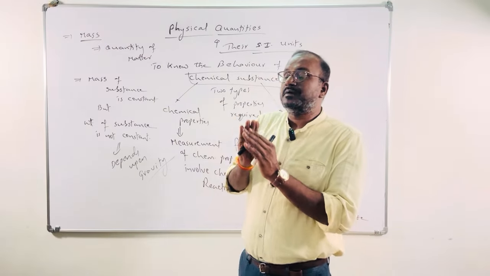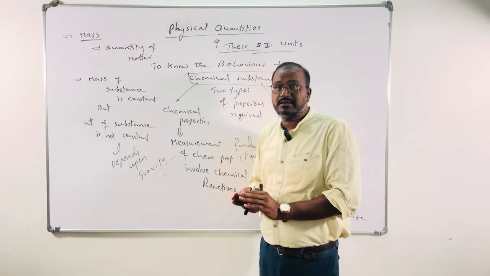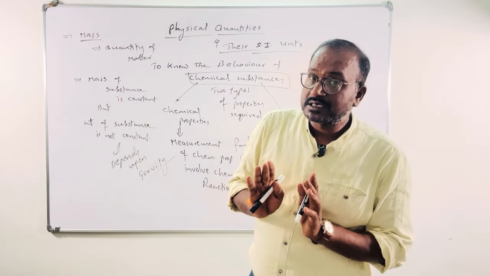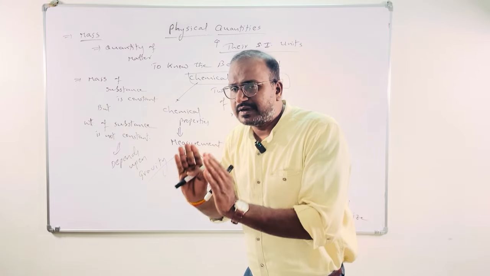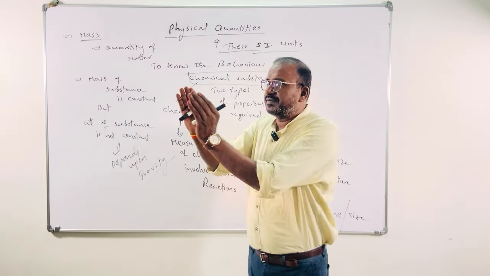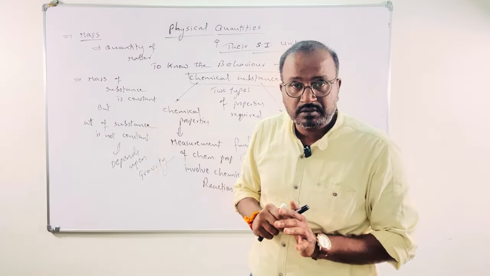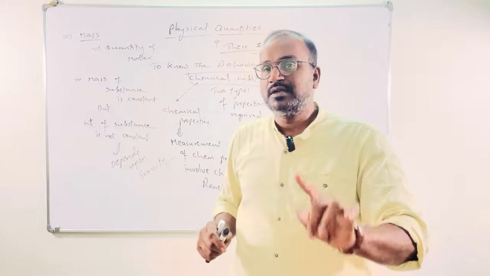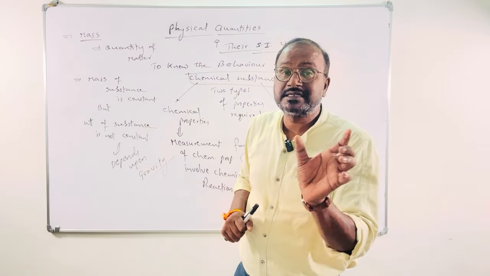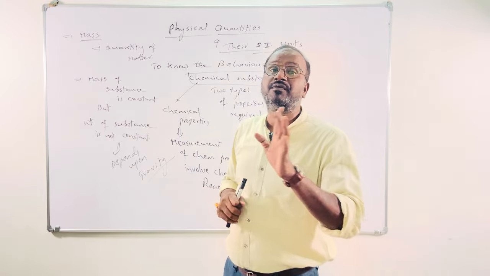Suppose 100 grams mass is there on the earth, the mass will be 100 grams and the weight will be 100 grams. But if the same matter is present on the moon, its gravity is different. So 100 grams of mass becomes about 16.8 grams of weight.